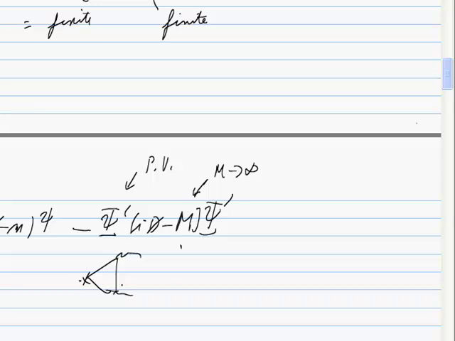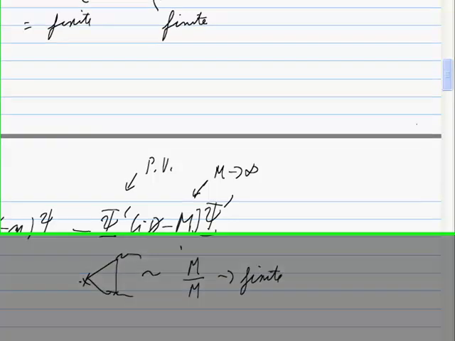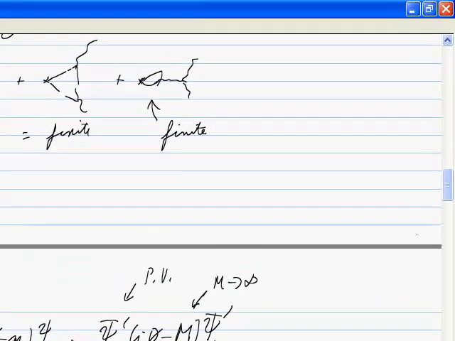This goes like the Pauli-Villars regulator over the Pauli-Villars regulator, which goes to a finite answer. So you get the same finiteness out of doing other regulators if you do them consistently.